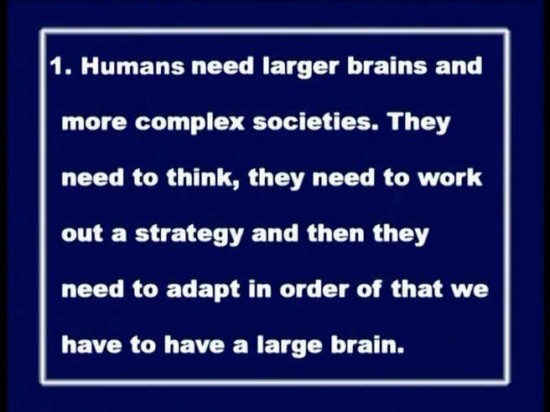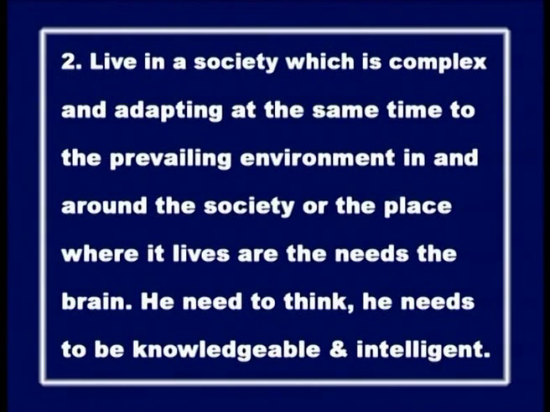In order to adapt, they have to have a larger brain, and to live in a society which is complex and adapting at the same time to the prevailing environment in and around the place where it lives, he needs the brain. He needs to think. He needs to be knowledgeable and intelligent.